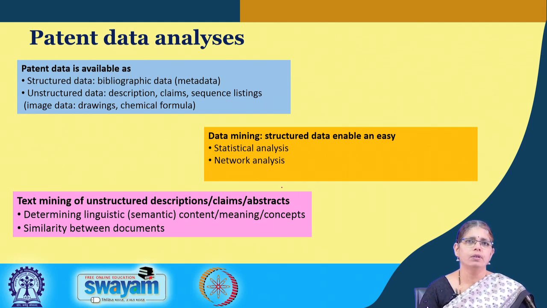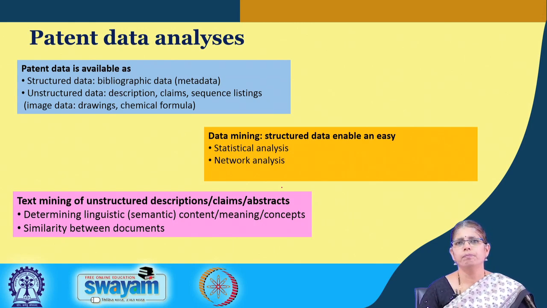So, looking at structured and unstructured data can make a big difference in the way patent landscapes are prepared and also interpreted. A lot of analysis has become easier today because of statistical tools available in relation to patent data sets.